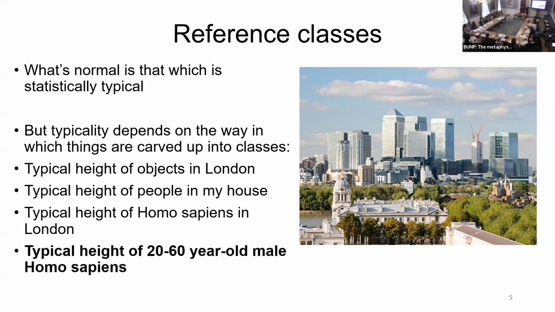For Boorse, the kind of statistical typicality he's interested in is the typical height of maybe a 20 to 60-year-old male Homo sapiens. When I say maybe, I just mean those numbers; there's room to wonder what they should be.